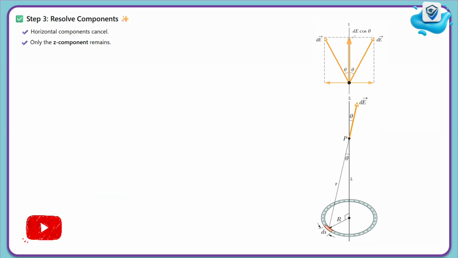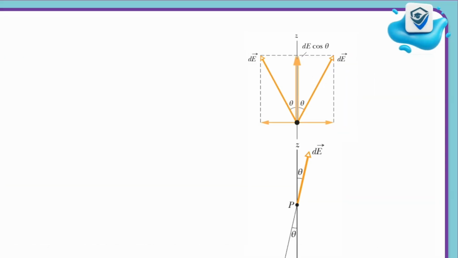Now let's continue by resolving the electric field into its components. Step 3. If we look at the second figure, we can see something very important. Every charge element has another element directly opposite it on the ring.